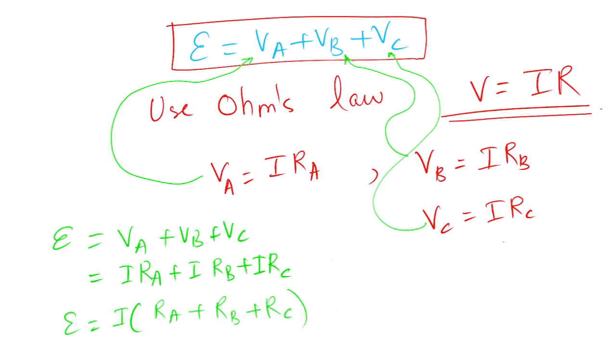One more step here, and we can write epsilon by I is equal to RA plus RB plus RC.